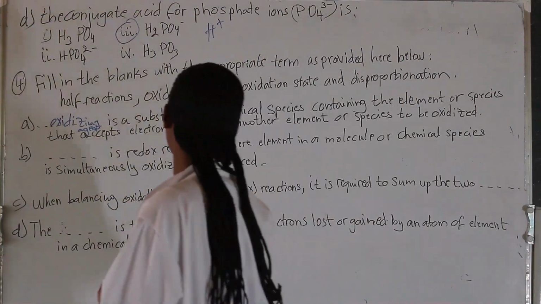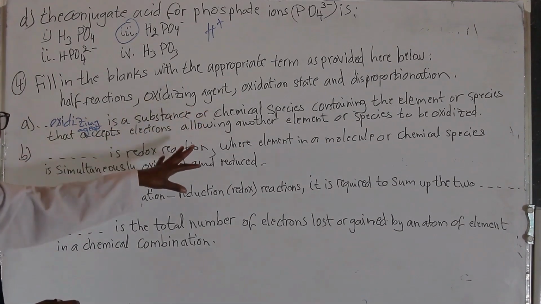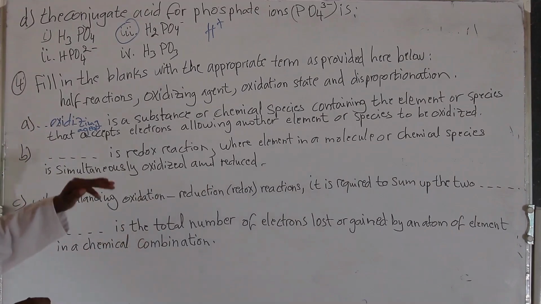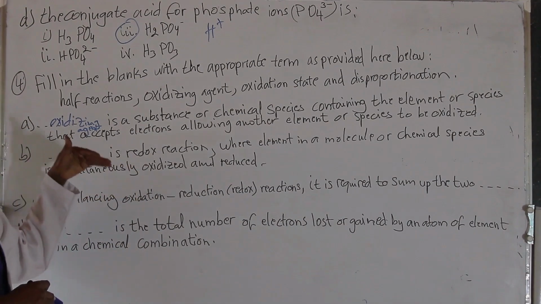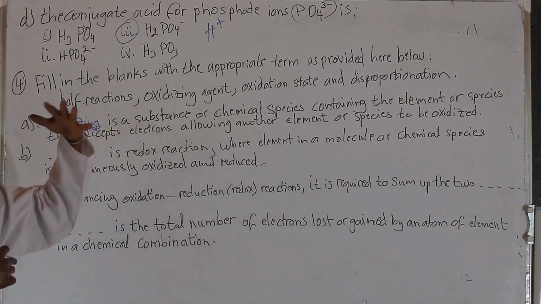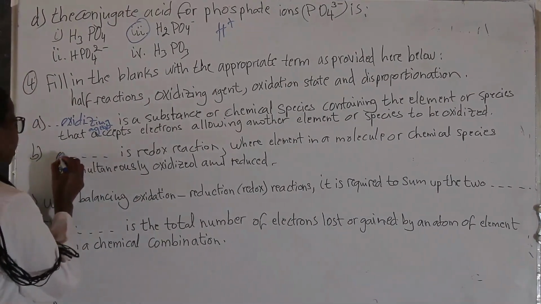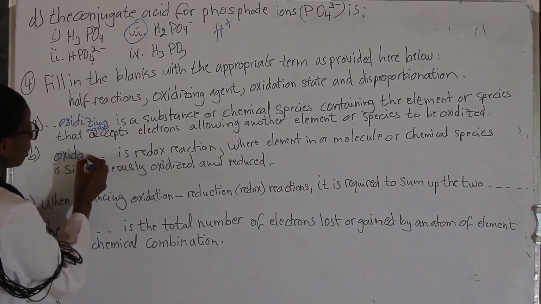That's why among those, we can put oxidation state. At oxidation state, it is where we have an element which is already oxidized and an element which is already reduced. Here we have oxidation state.